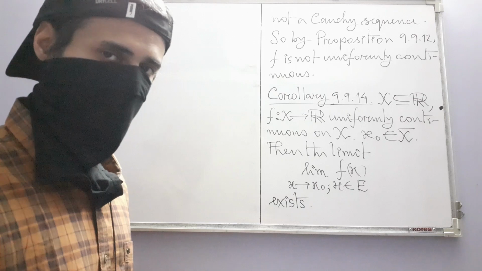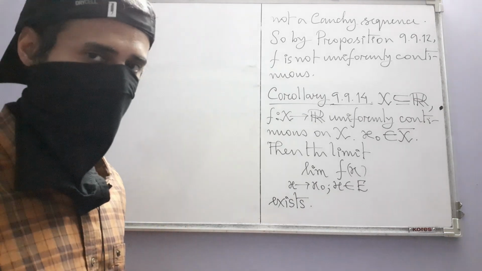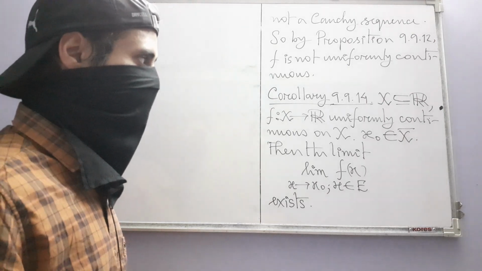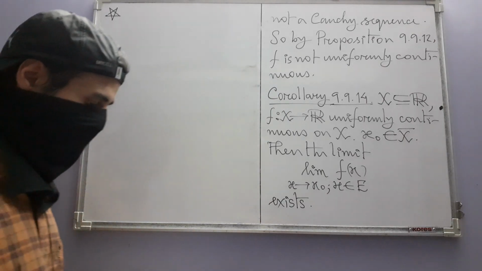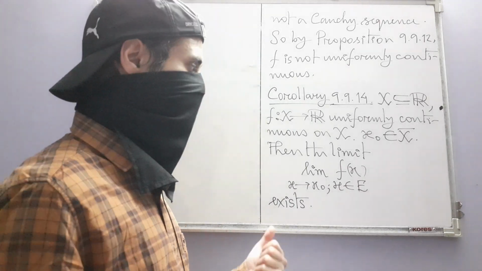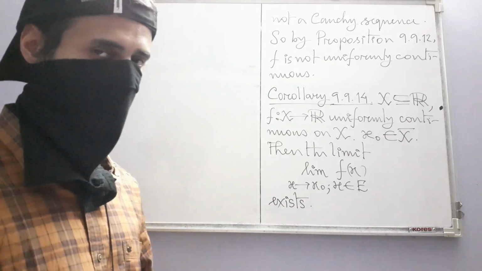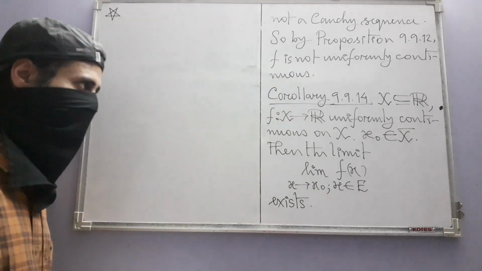Boundedness does become necessary if the interval is a closed bounded interval. But now we are going to see that we can also have boundedness as a necessity if the function is uniformly continuous. The domain may be anything, but the function is uniformly continuous.